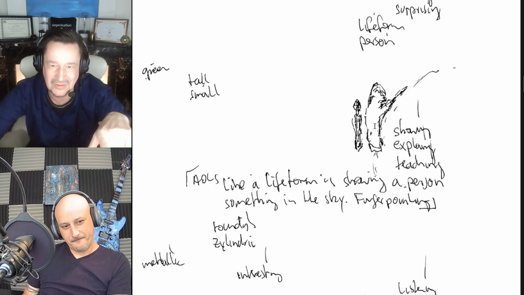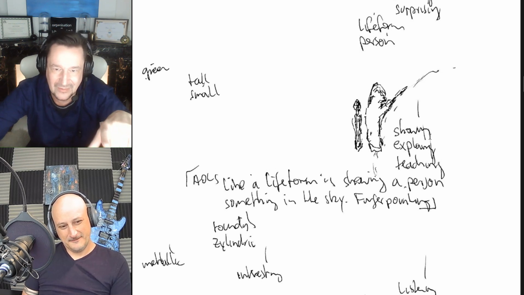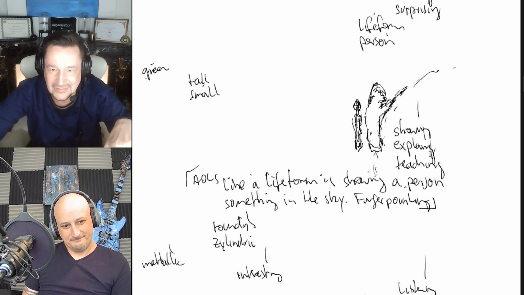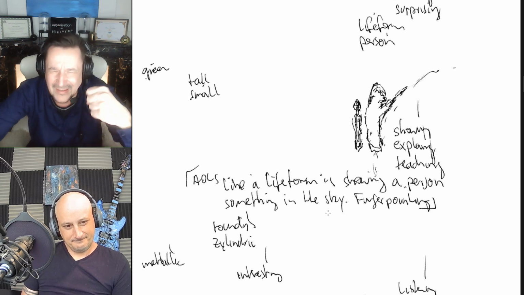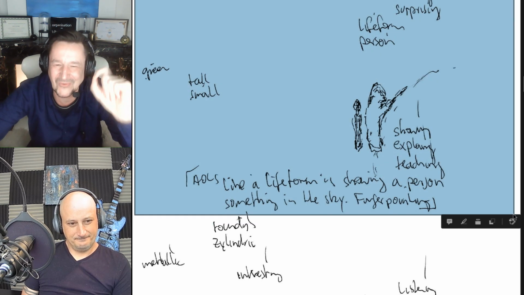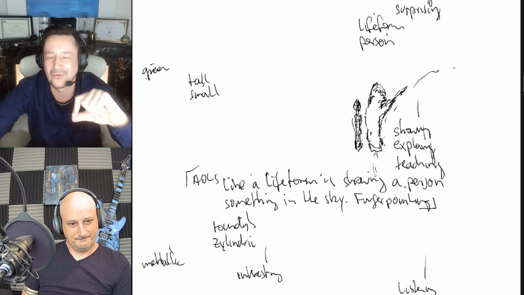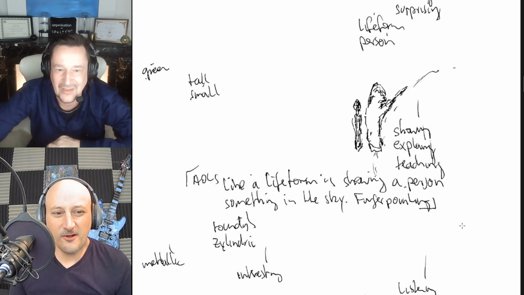Tall and small, and my visual came up like a bigger being and a smaller being. What is this about? Showing, explaining, teaching. It is like a signal, like a life form is showing a person something in the sky. Finger pointing. Now you see the nice combination. Yeah, that signal. Synergy effect.